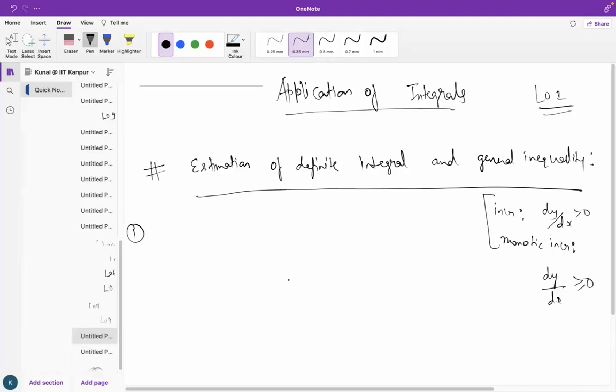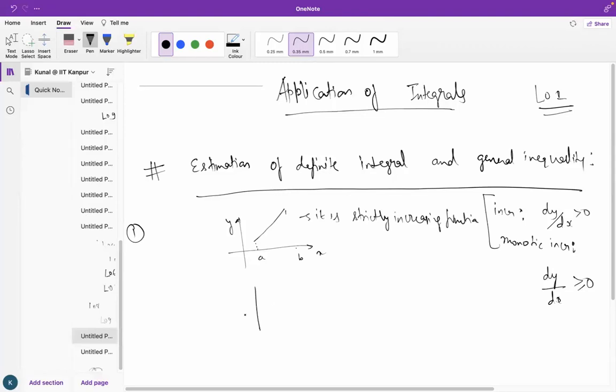Let me tell you by graph what is monotonic and what is a strictly increasing function. If your graph looks like this, then it is strictly increasing. Like there is value A, there is value B, this is the x-axis, this is the y-axis. So it is a strictly increasing function.